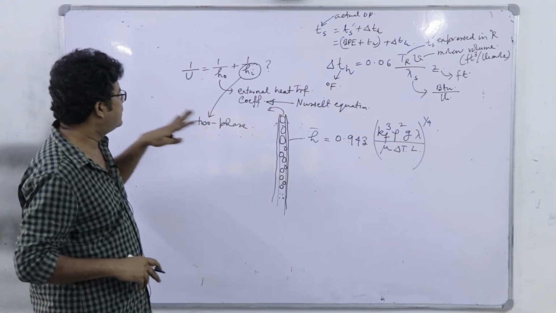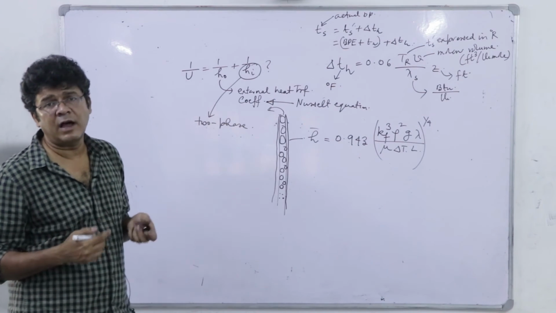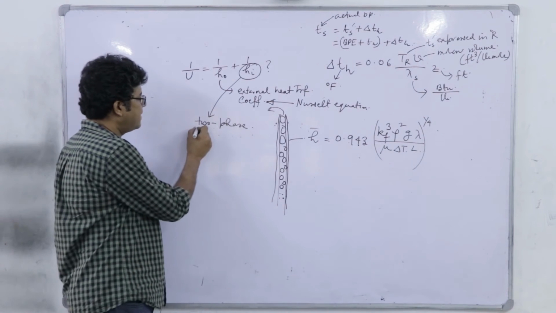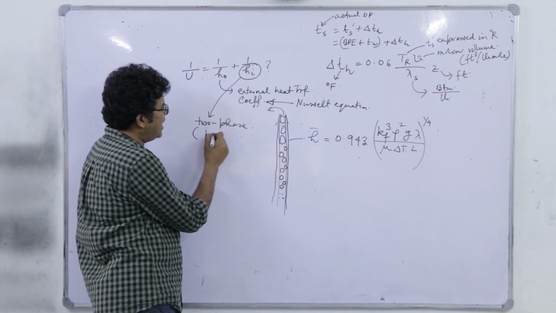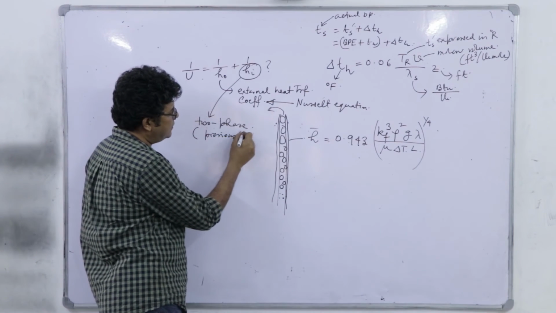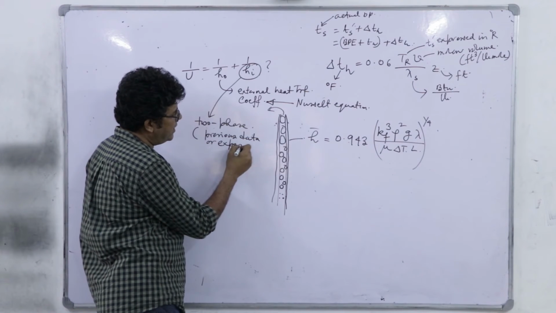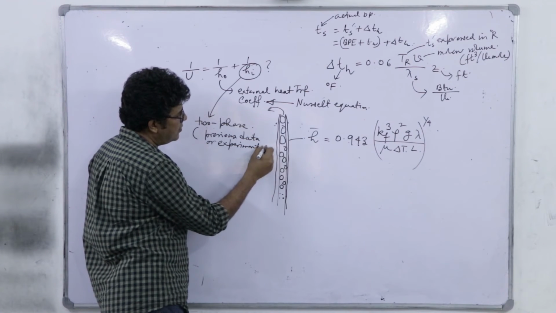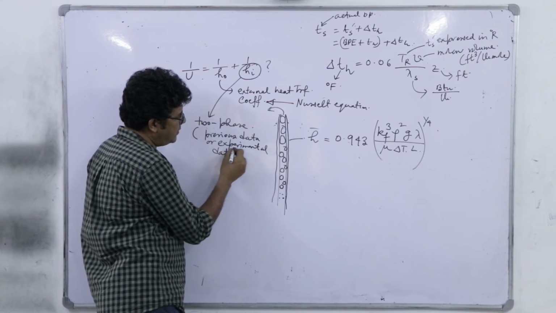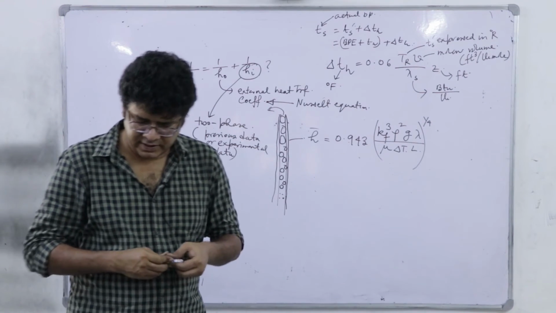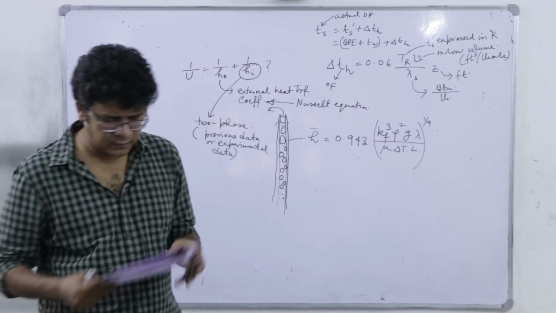So it's a two-phase system with very complex hydrodynamics, and that's why we have to rely on previous or experimental data, right? From experimental data we have to calculate or get this heat transfer coefficient.